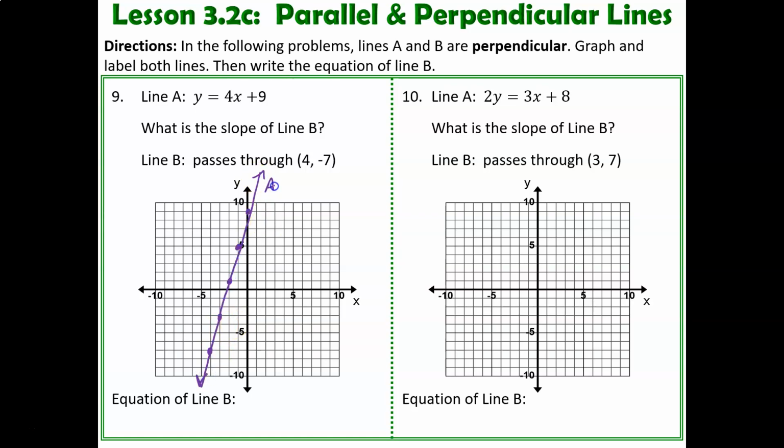That's line A. So the slope of line B will be the negative reciprocal, which, flip that upside down, so it's negative 1/4, and passes through the point 4, negative 7. So let's see what happens. Here's 4, negative 7. So I'm going to go up 1, left 4, up 1, left 4, up 1, left 4.